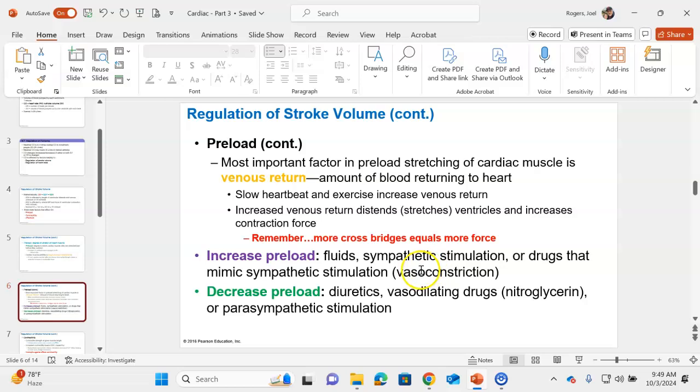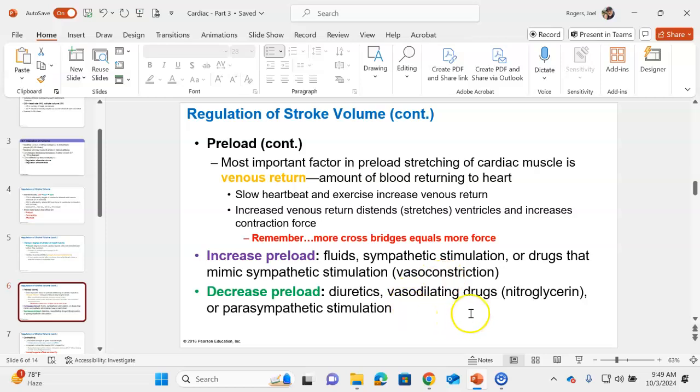Or vasoconstrictor drugs. If you constrict your systemic vasculature, there's going to be more blood getting back to the heart, because not as much of it is getting out to the blood vessels. Or decreasing preload, something like a diuretic. Okay, diuretics. If you're urinating more, there's less fluid in the blood, therefore less blood getting back to the heart.